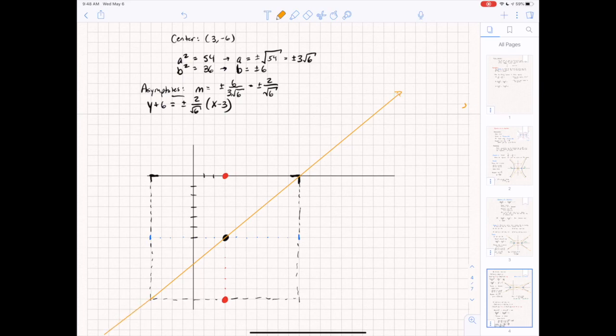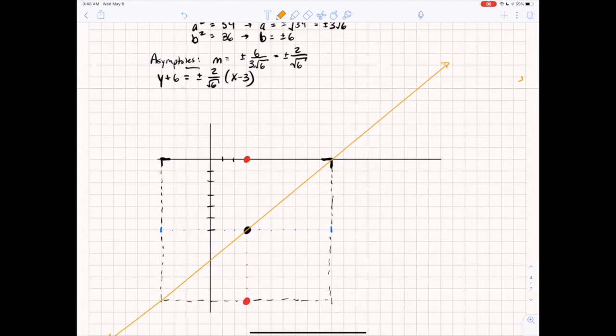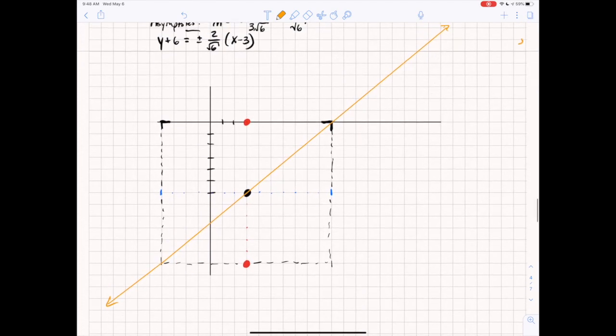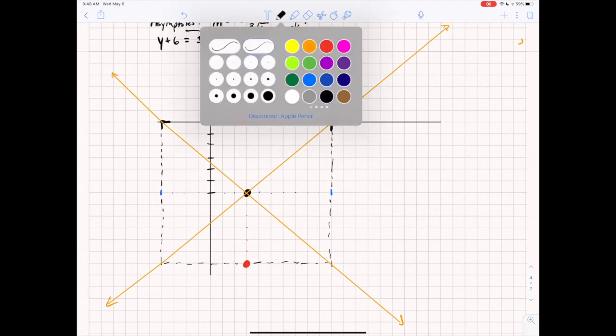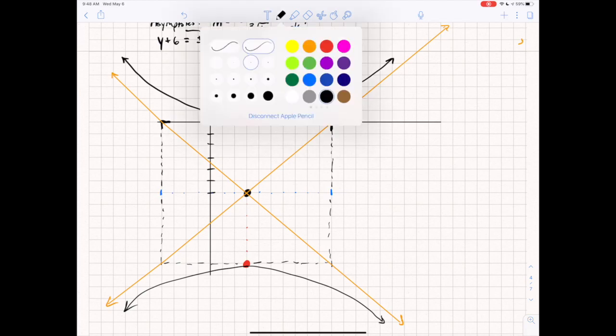This is going to be a very wide hyperbola. Now I'm going to draw it. I know it's going to open up like that and open down. The transverse axis is vertical. And then we need to find my focal points.